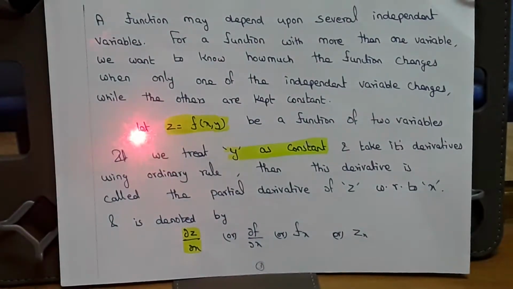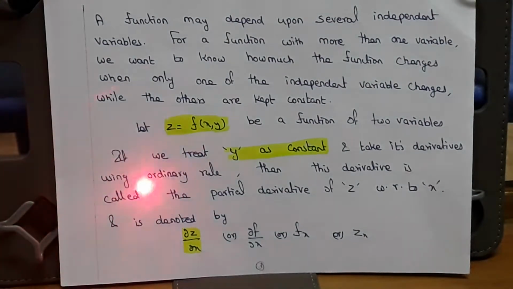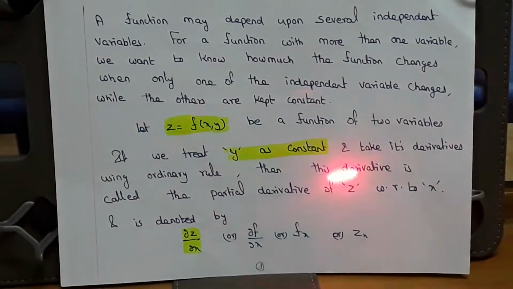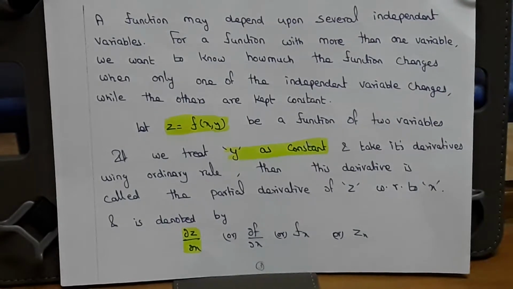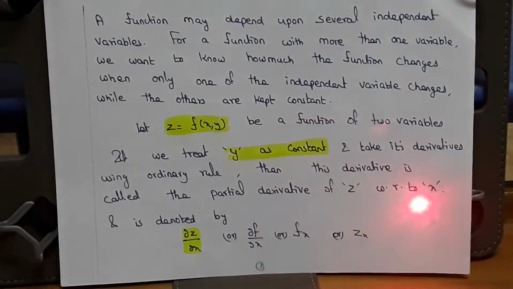So let z is equal to f of x comma y be a function of two variables. If we treat the variable y as constant and take its derivative using the ordinary rules, then the derivative is called the partial derivative of z with respect to x and is denoted by dou z by dou x, that is the curly d.